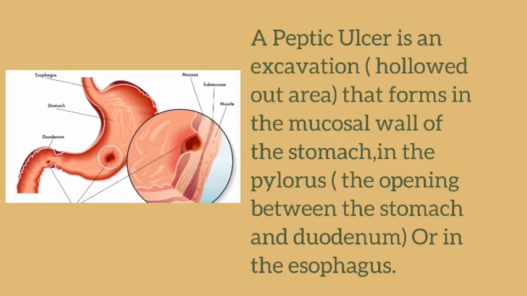The pylorus is the opening between the stomach and the duodenum. In the topmost area you can see the word esophagus written. So a peptic ulcer takes place in all these areas.